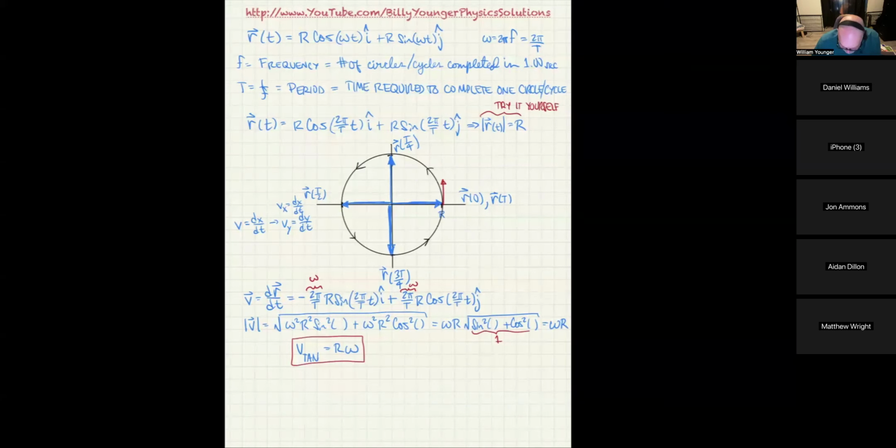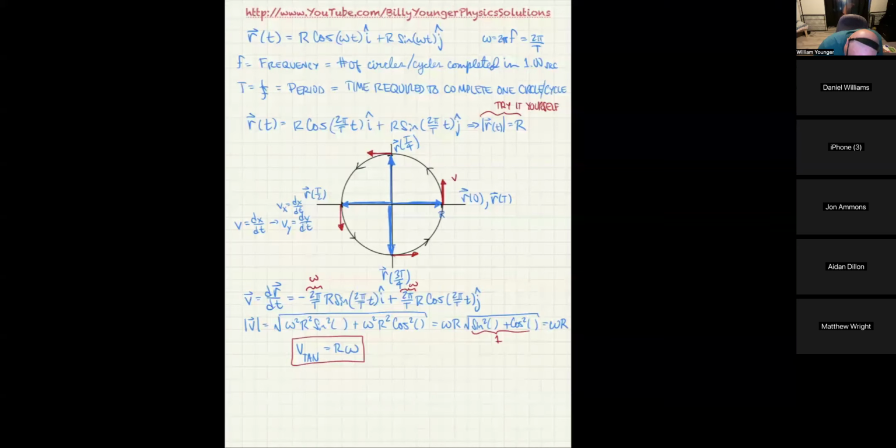If we do it at T over 4, you're going to find out that it points this way. And I drew that about 2 squares, so I don't know that 2 squares is the right scale, but if I say it is, then it has to be, because I could be using a different scale for my red vectors than I use for my blue vectors. So the fact that they're all the same is good. So there's that one. There's that one.